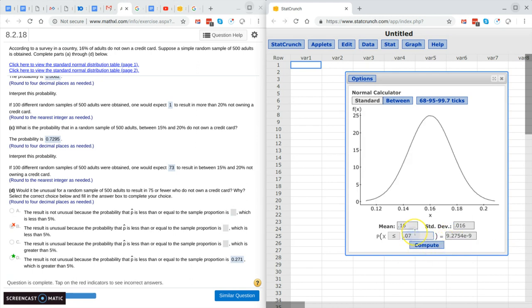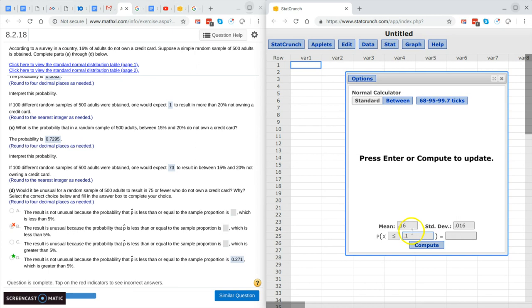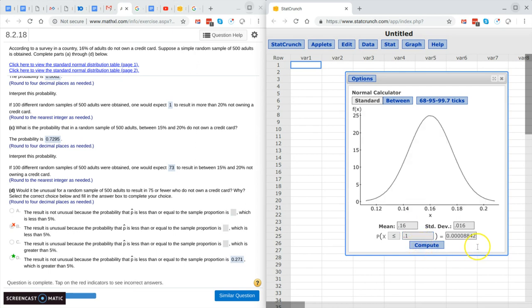That's still really small. About 0.1. So there you can see it without the scientific notation, right? This is way less than a 1% probability. So that would be a very unusual sample if you sampled 500 people and only 10% of them do not own a credit card.